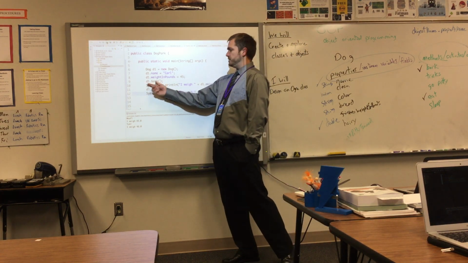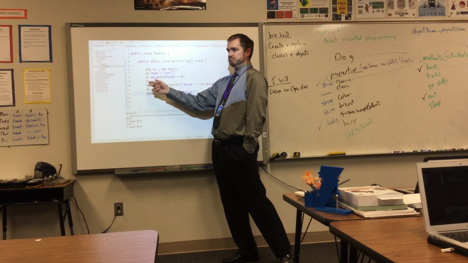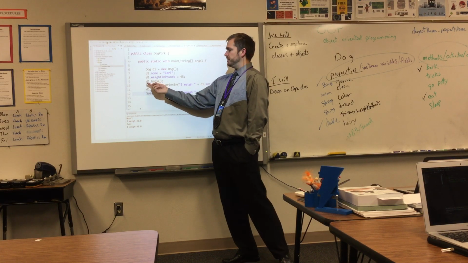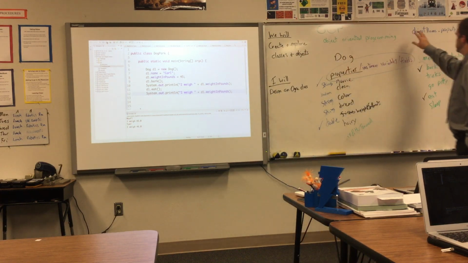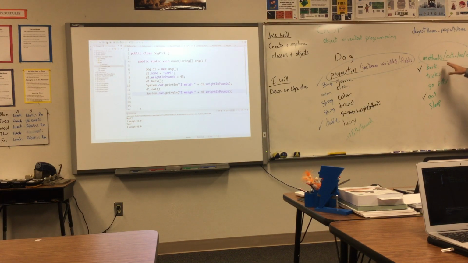Only thing I would add to that is just make sure you put that dot in the middle. So the answer is pretty much the same. If you want to access the properties, you put the object name dot property name. If you want to talk to the method, then you say object name dot method name, since that's the name of the method.